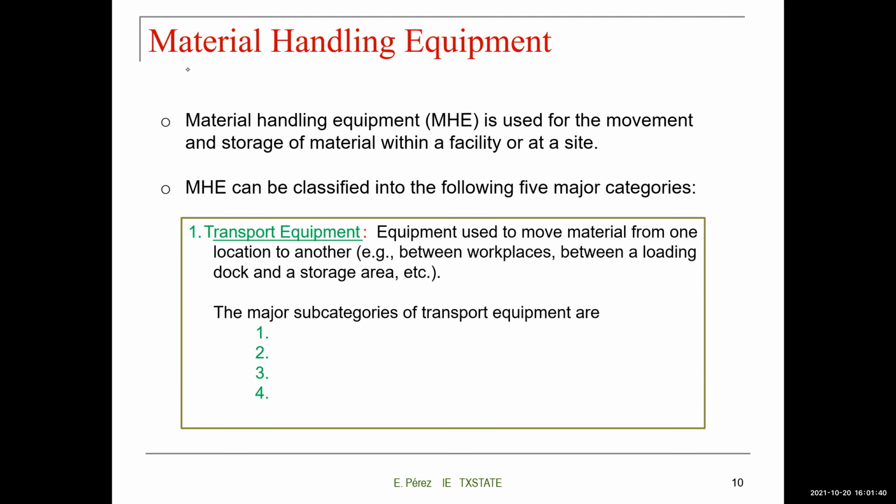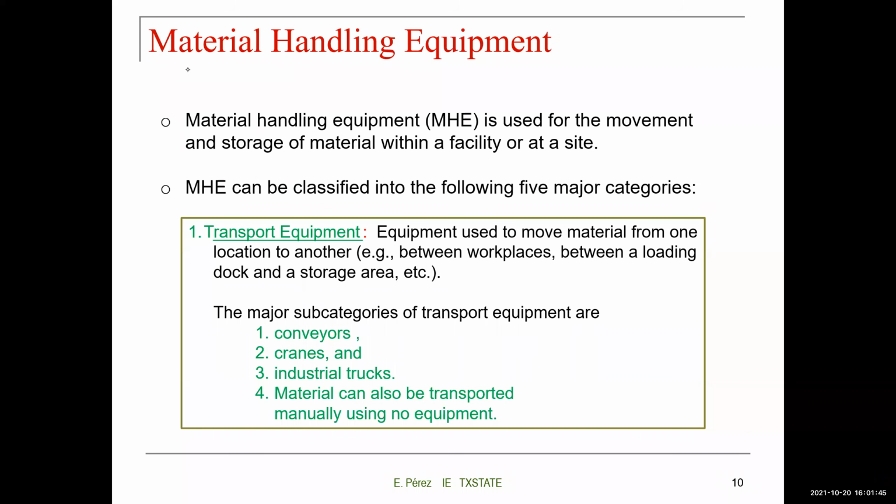And there are 4 major categories or subcategories of transport equipment. These are conveyors, cranes, industrial trucks, and material can be also transported manually using no equipment. So again, a person moving this from point A to point B. So that's the first major category.